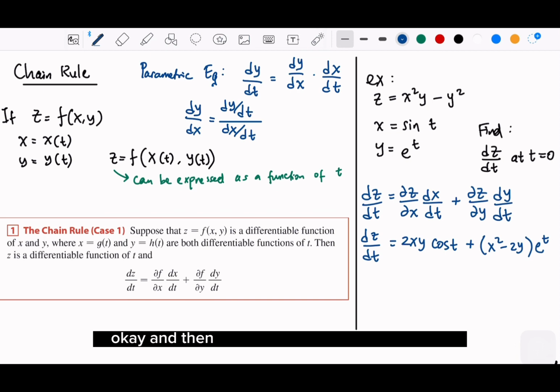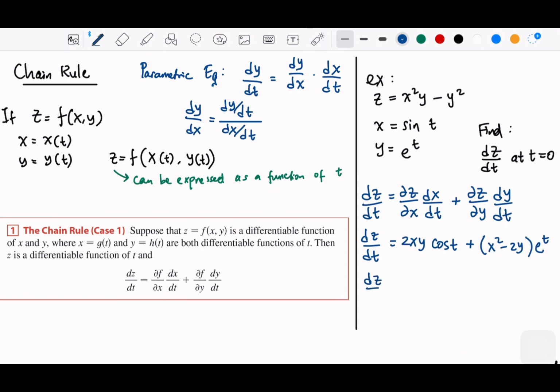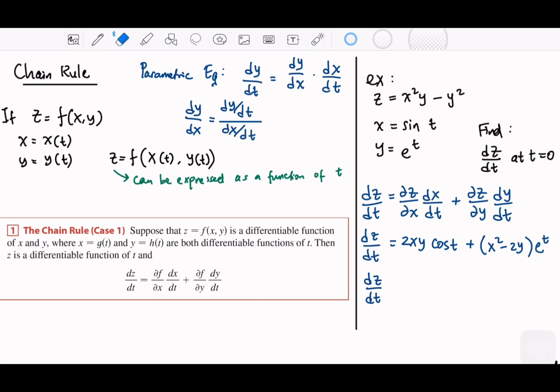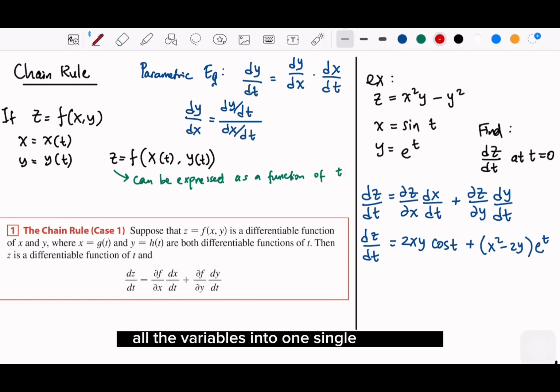Okay, and then we can just input t equals 0 to get dz/dt at t equals 0. Perhaps we start from x and y. Before we input this, maybe we can transform all the variables into one single variable t to help write the formula.